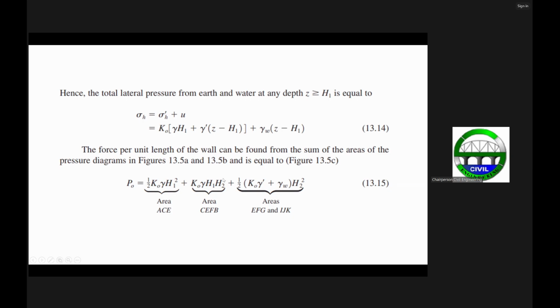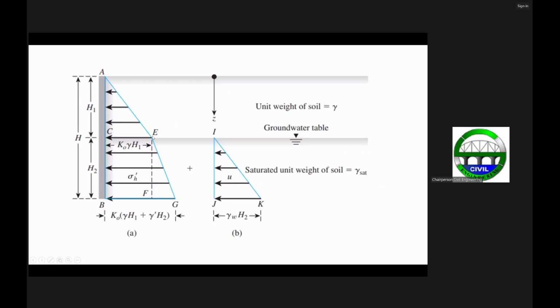Now for this one, it is just the areas of EFJ and IJK. That is the area of this triangle EFJ plus the triangle IJK, these two triangles.